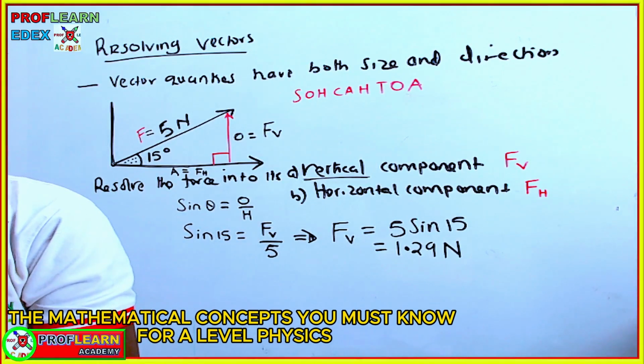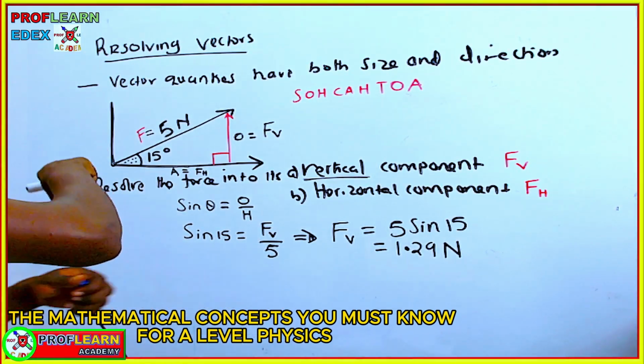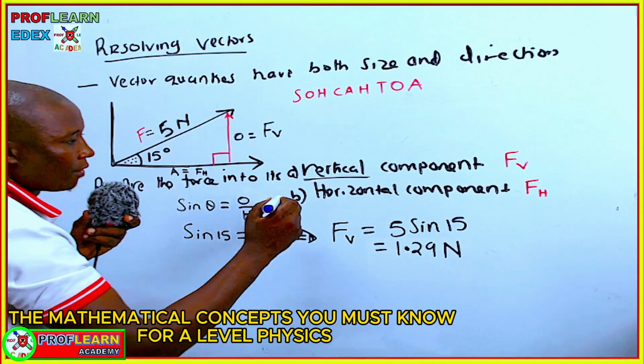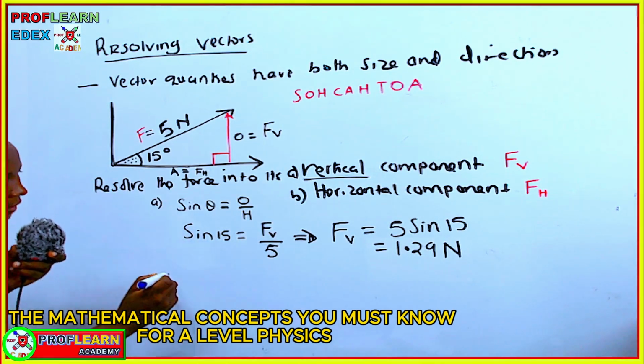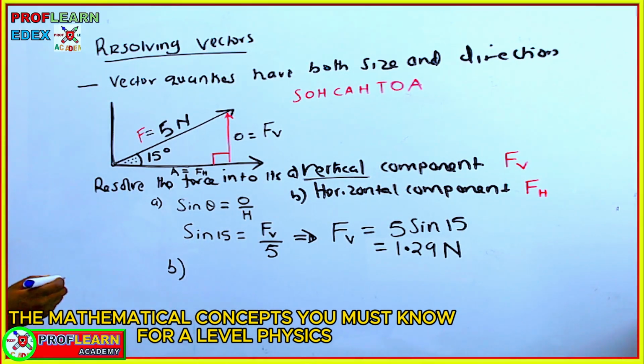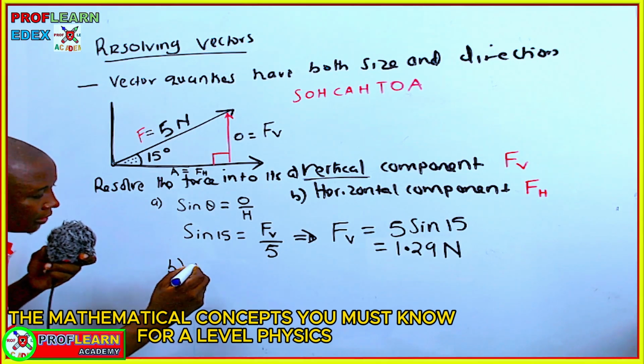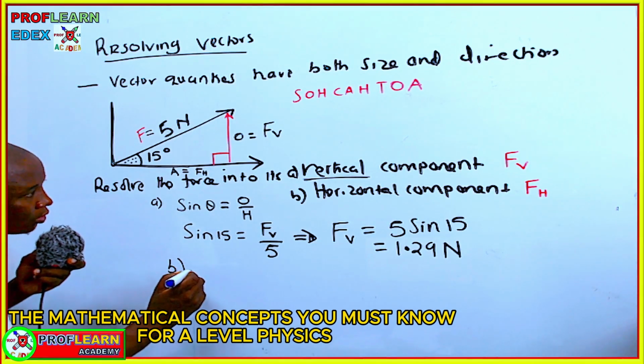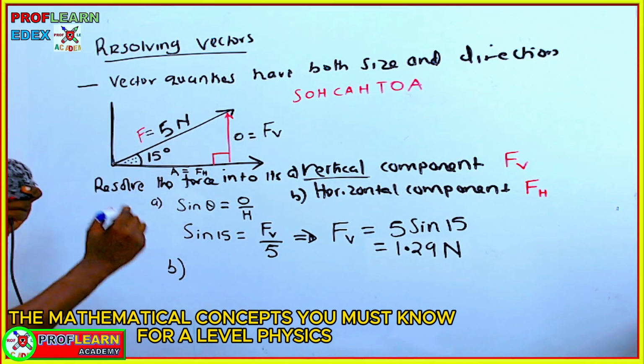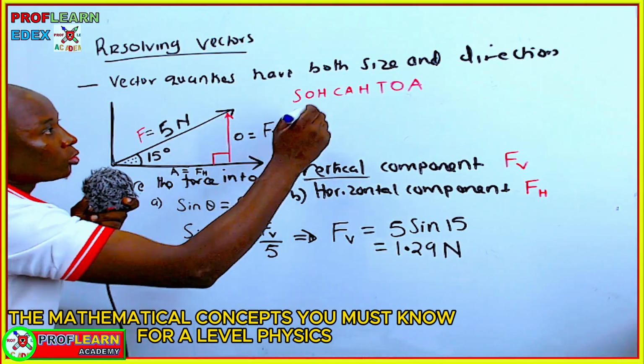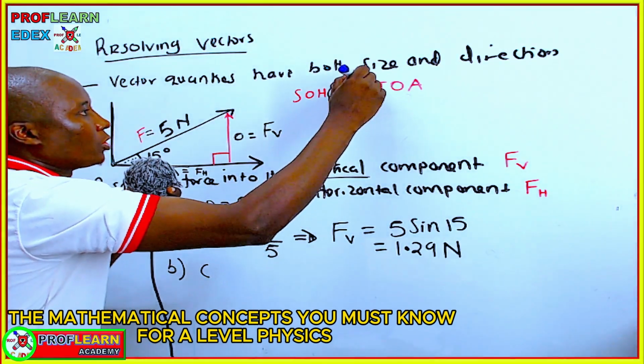So moving to the second part, for part B, this was actually for part A. For part B, you are going to resolve this force into which component? In the horizontal component. So we have adjacent and hypotenuse. So we are going to use cosine.